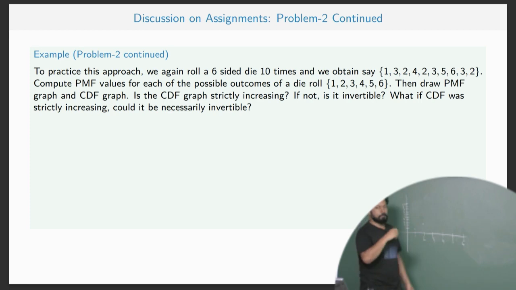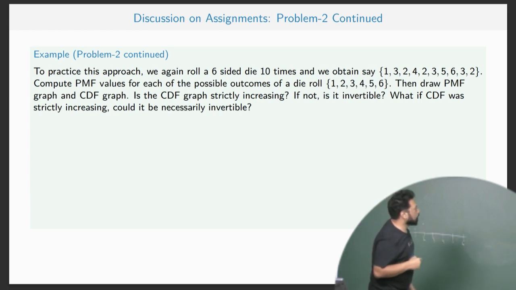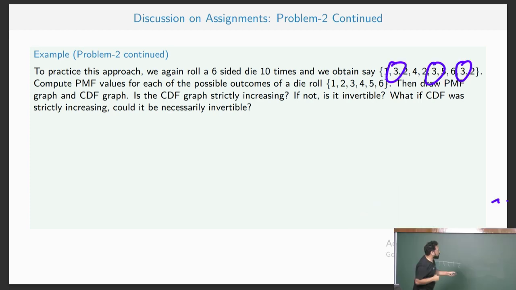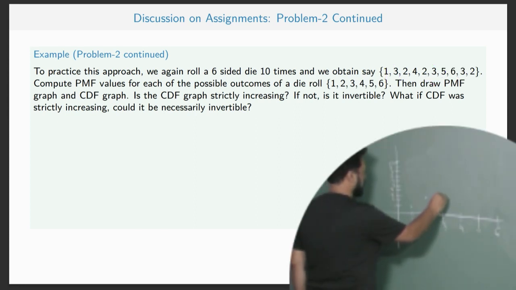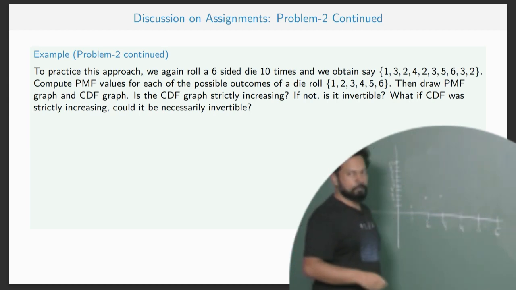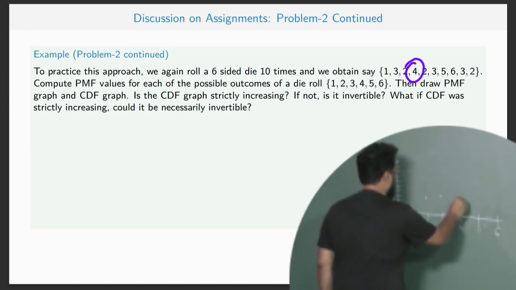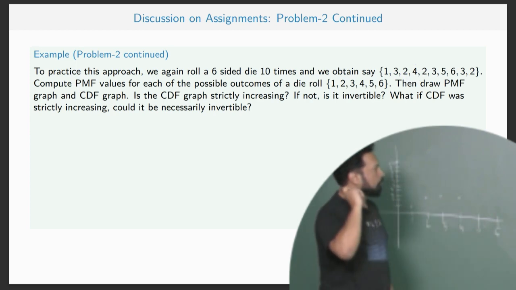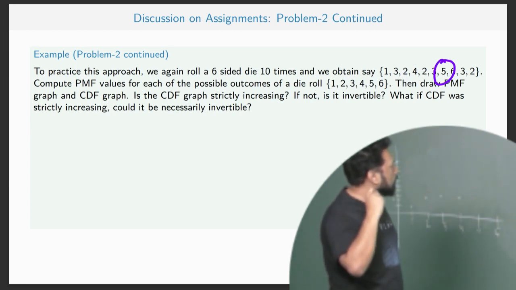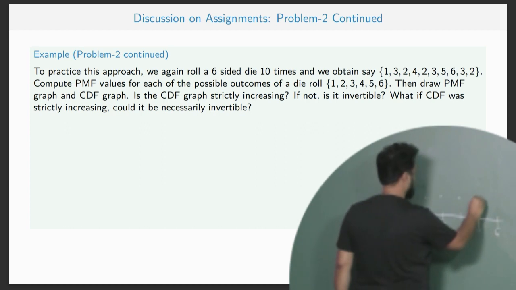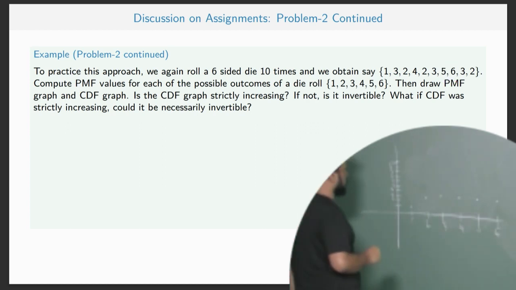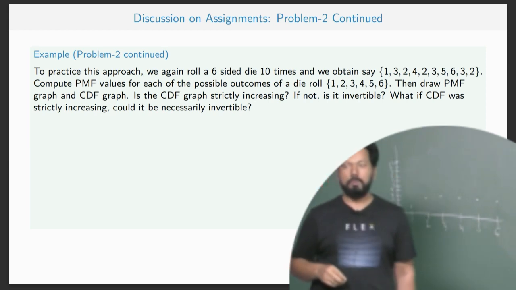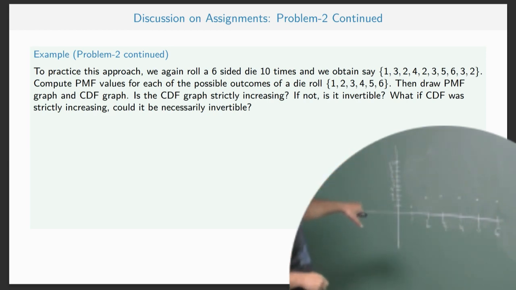And 3 is how much? 1, 2, 3, so again 3 over 10. And 4 is 1 over 10, 5 is 1 over 10, and 6 is again 1 over 10. So these are the PMF values. Just because of one value it did not become uniform, so it's not exactly uniform.